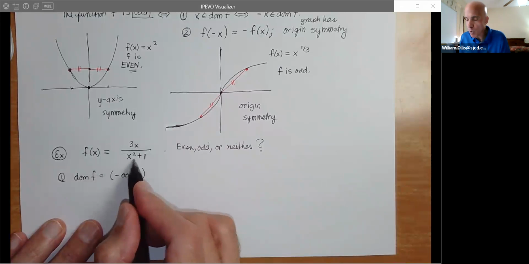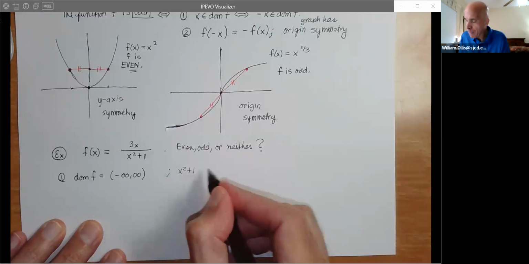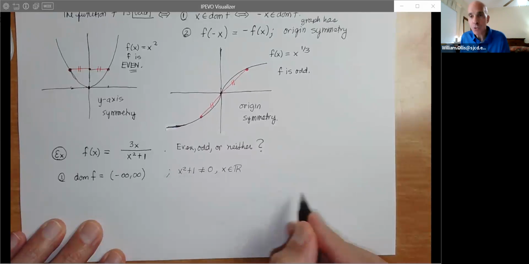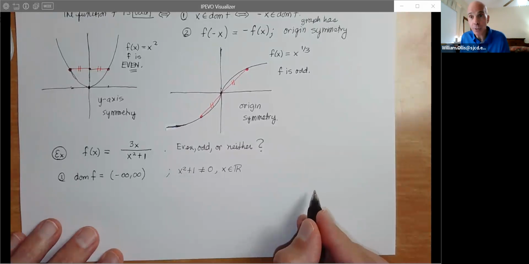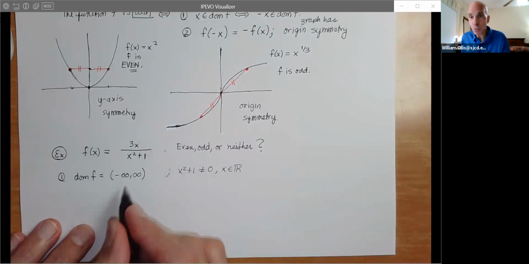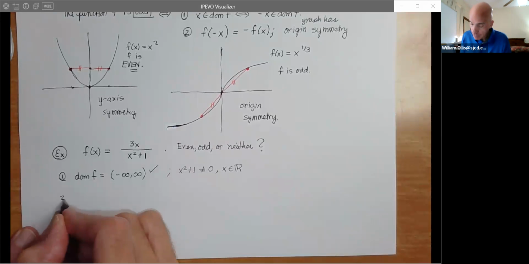If this x squared plus 1, we just remind ourselves that x squared plus 1 does not equal 0 when x is a real number. It would have to be plus or minus i, the imaginary unit, as you well know from college algebra. So of course that's symmetric with respect to the origin, so we get that for free.